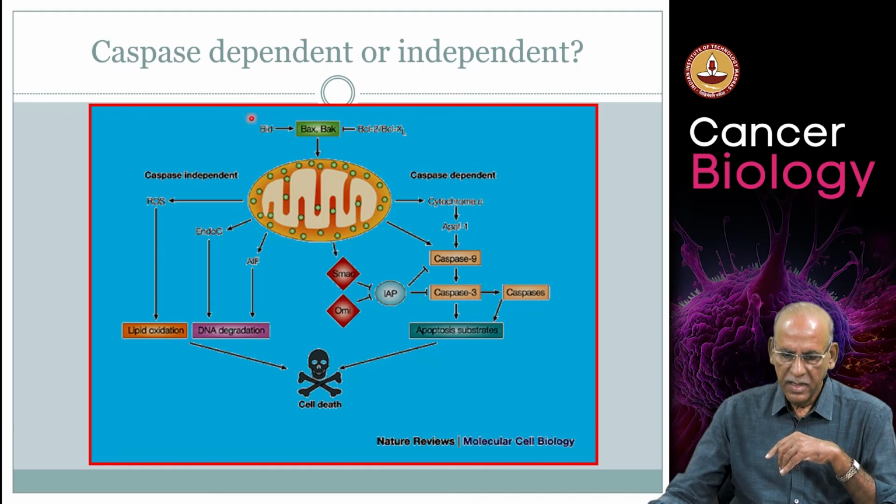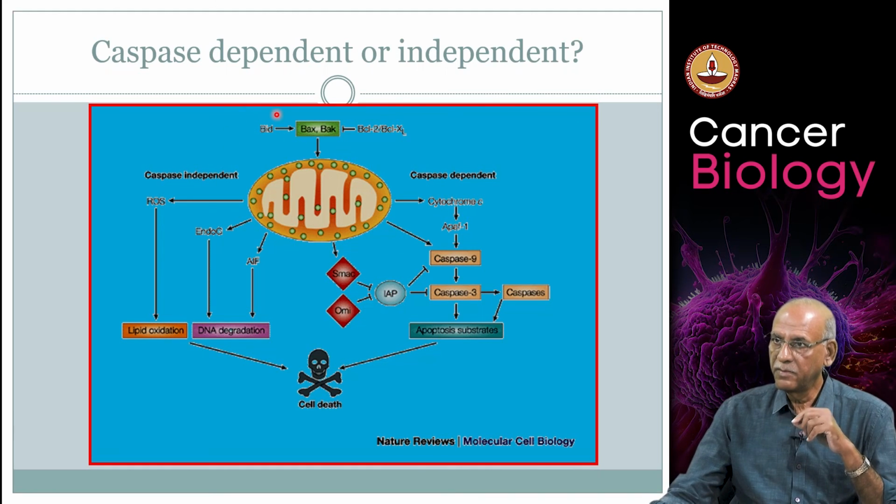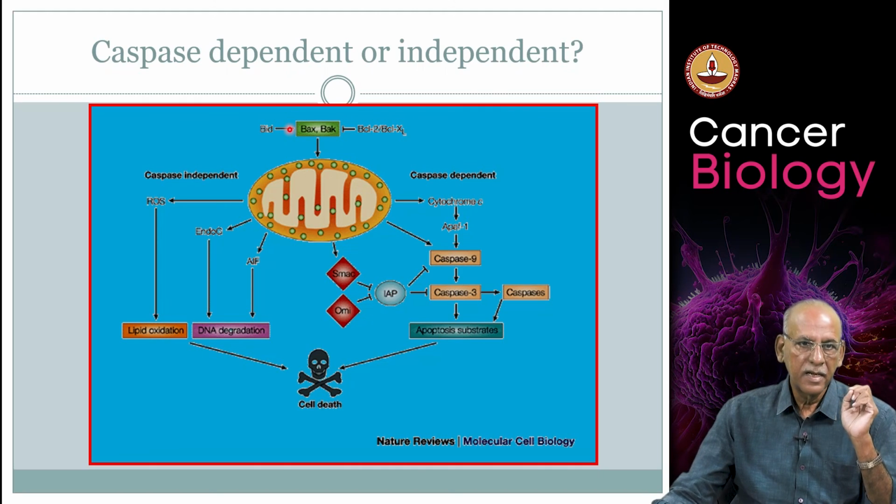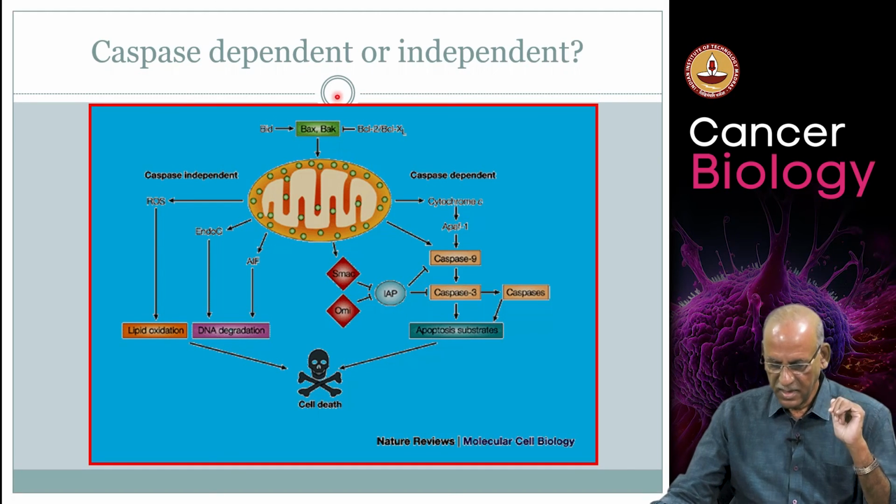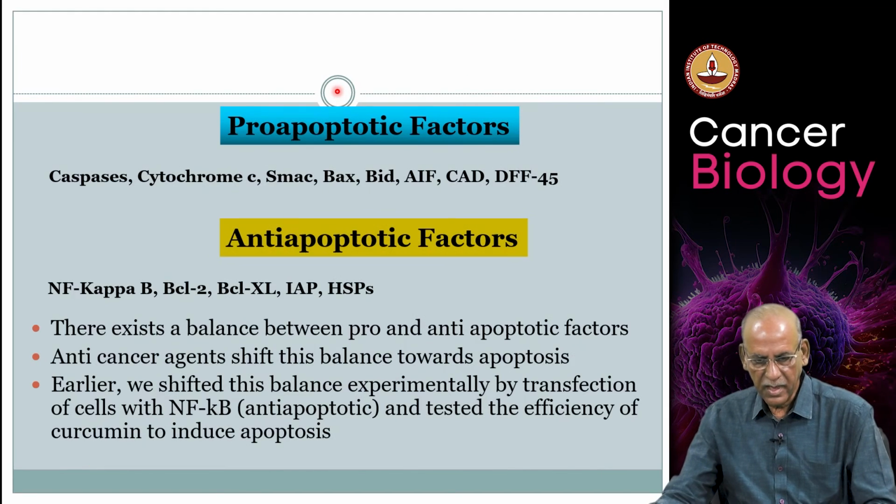BID is another protein. If you remember, I told you caspase 8 can cleave BID, and that can result in what is called truncated BID, which is a connecting point between the extrinsic pathway and the intrinsic pathway. These points you may have to remember.